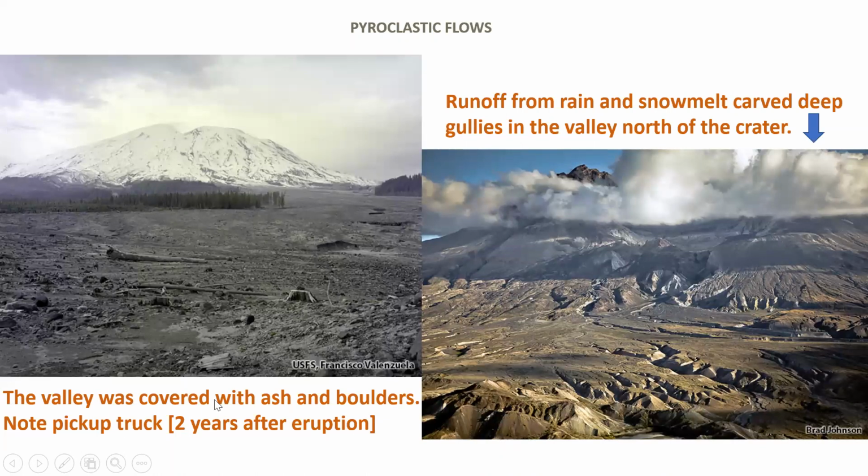So the valley was covered with ash and boulders. Down here, it says there's supposed to be a pickup truck 2 years after eruption, but sorry, I couldn't find the pickup truck. You go and take a look at it yourself later on. Okay, so the runoff from rain and snow melt carved deep gullies in the valley north of the crater. This picture, right? So you have the badlands forming as well.